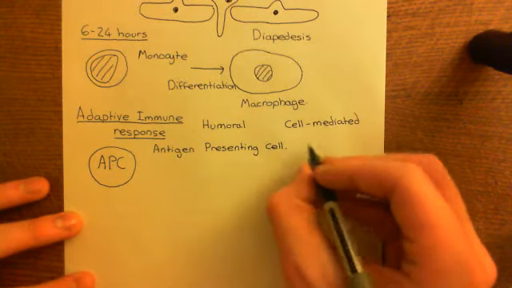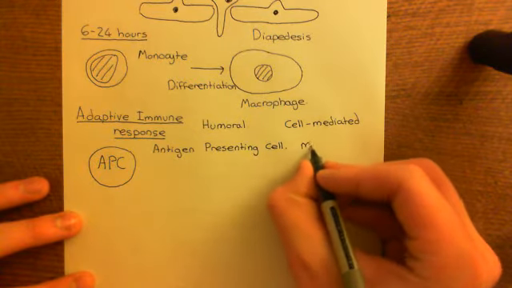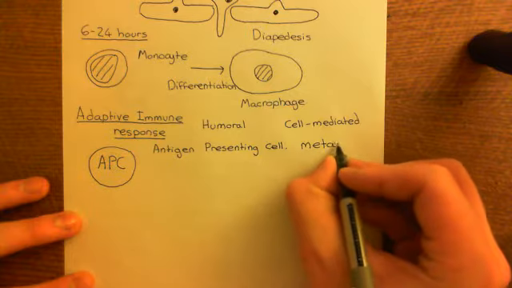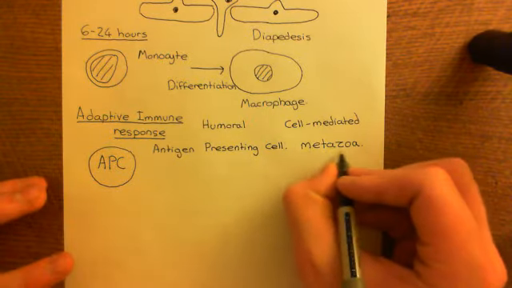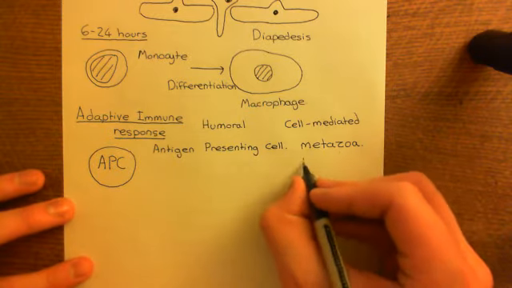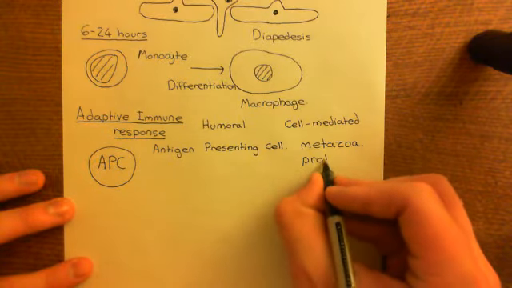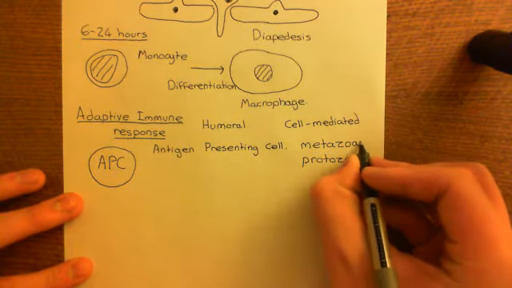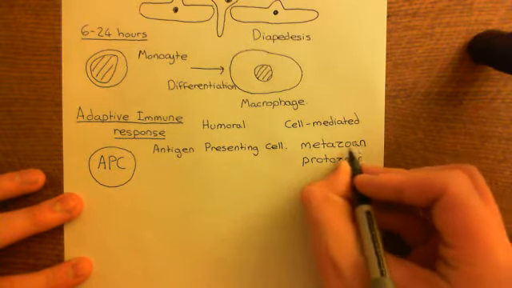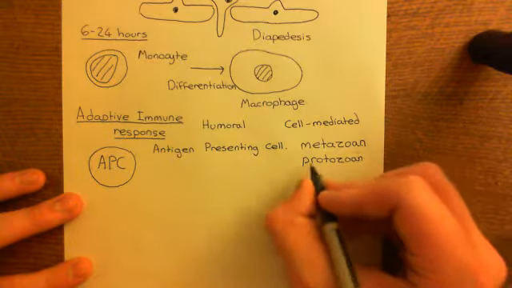So where shall I write this? Metazoa, if you ever hear people use this word, it just refers to any organism which is made up of multiple cells. And a protozoa, or a protozoan, is the singular. So metazoa is the plural, and metazoan is the singular.